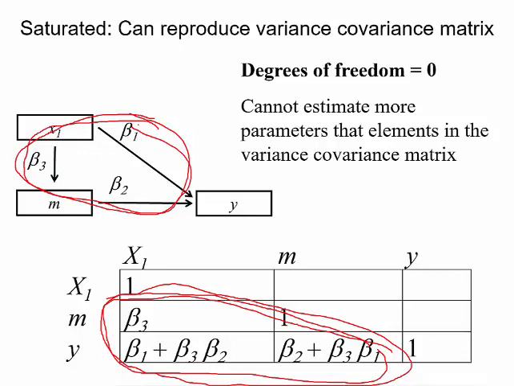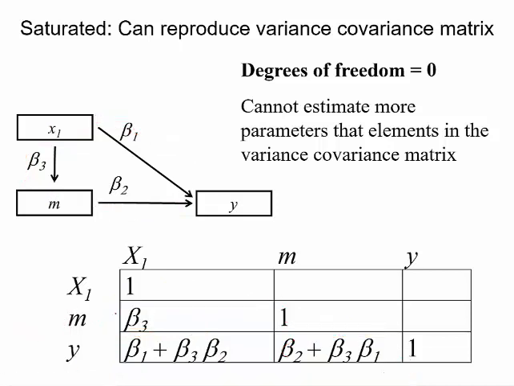We've been talking about how we can use these beta weights to reproduce or recreate our variance-covariance matrix. We can use these 3 betas and recreate what these 3 covariances are. So degrees of freedom: if I take the number of elements in my variance-covariance matrix and subtract from that the number of parameters that I'm estimating in my equation, I will have degrees of freedom.